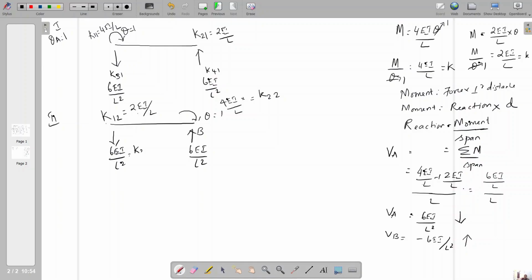So we can represent as 3,2, which is K42.